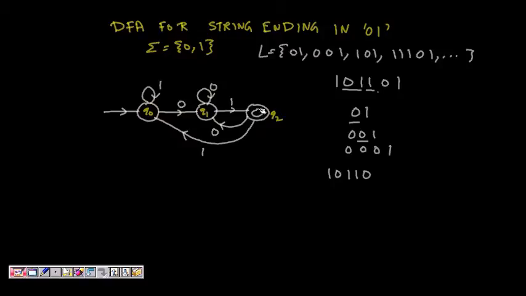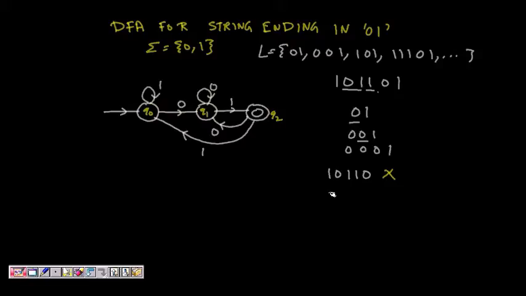I get a 1 again, it means I no longer have 0 1, so I go to the initial state. Then on 0 I'm at Q1. So this string is not ending in 0 1, so it is rejected.